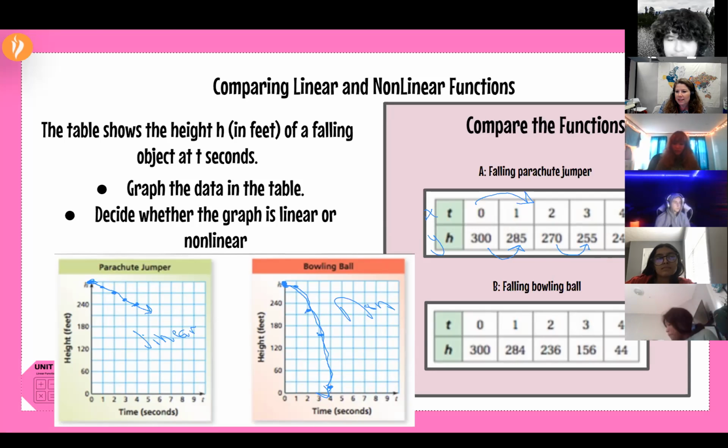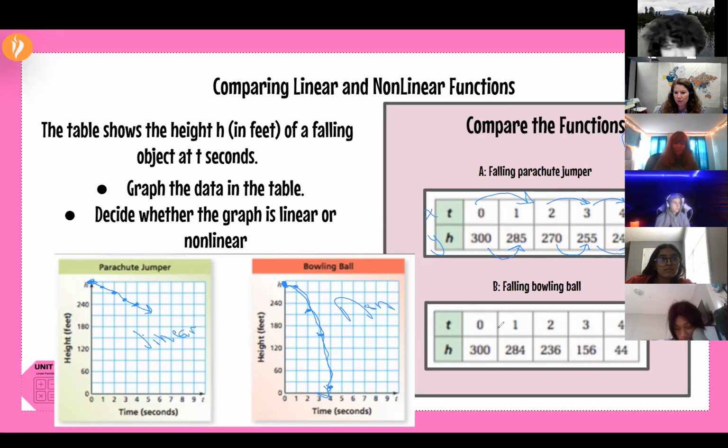Well, that's also minus 15 over positive 1. And we could try it one more time: the difference in 255 and 240 is negative 15 over 1. So every time we checked any of these sets of coordinates, our slope never changed. It's always negative 15. Our slope is negative 15.